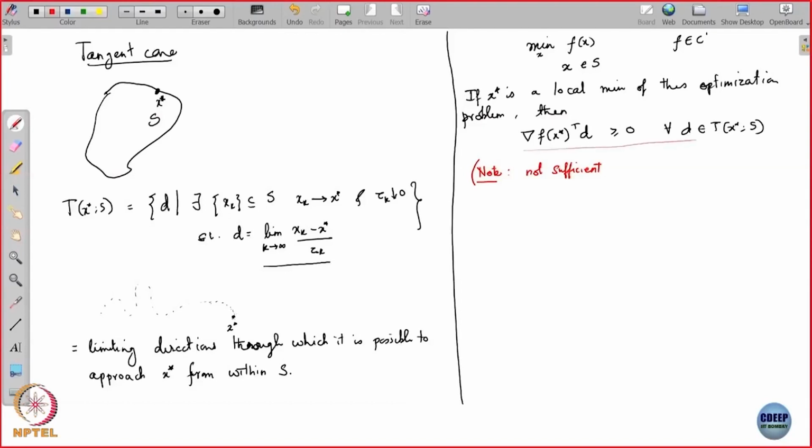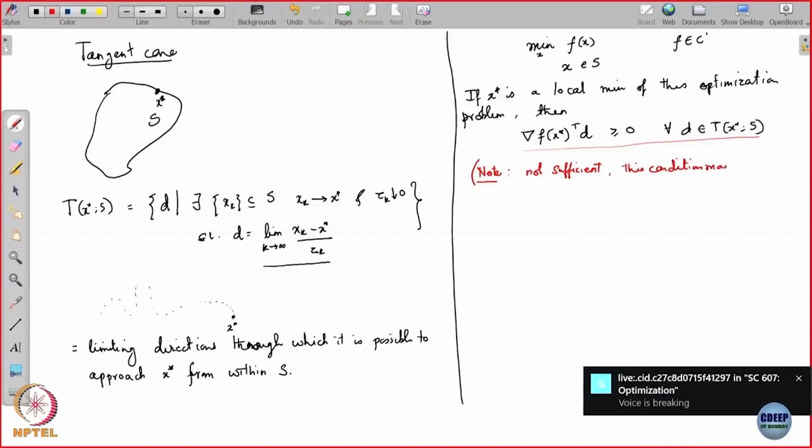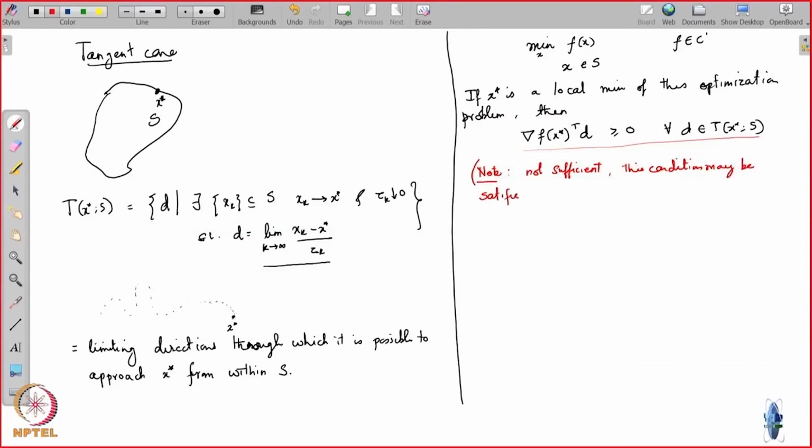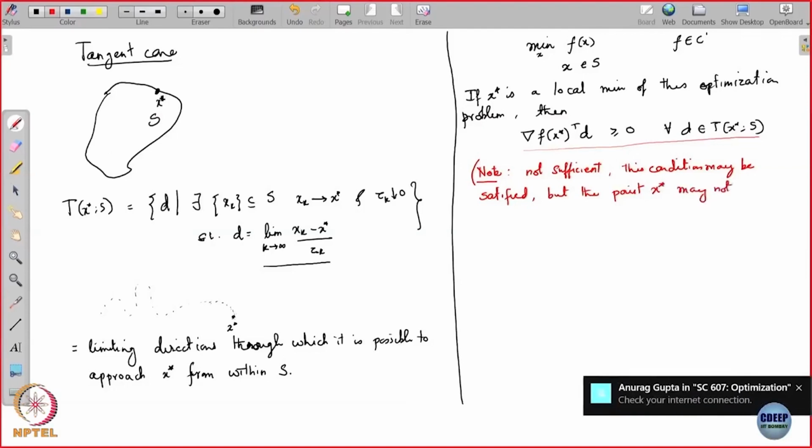That means the underlying condition is satisfied, but the point x star is still not a local minimum. Okay, so it is not sufficient.